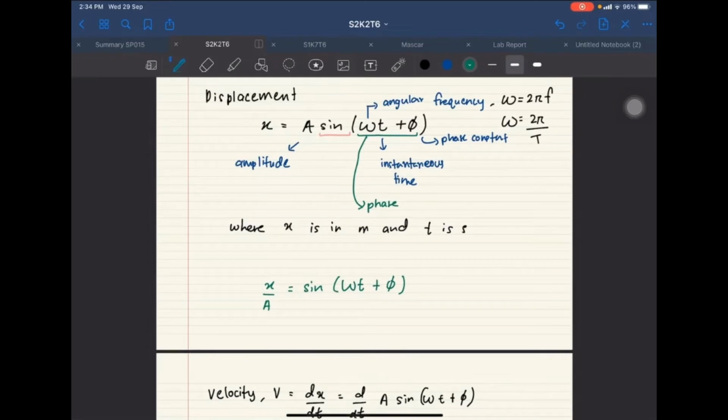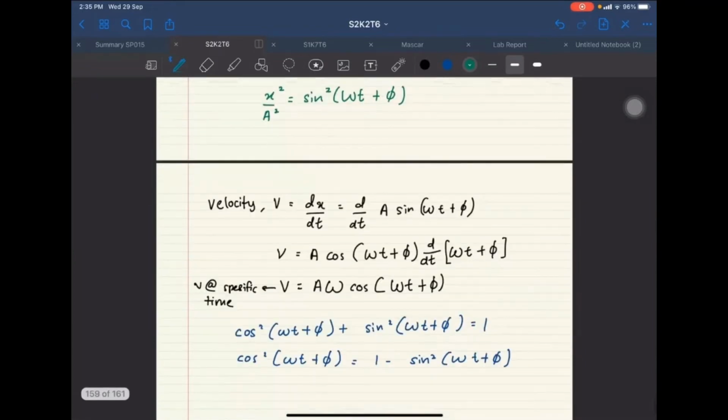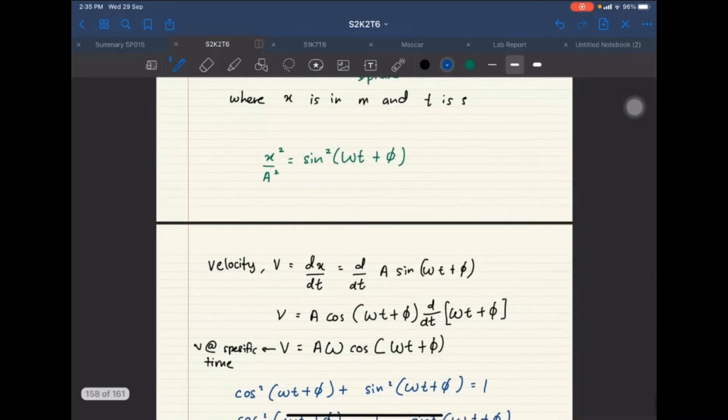Okay, kalau saya ambil square dekat sini, that means this one become x squared over A squared. Agree? Boleh ikut ke tak so far? Maksudnya kamu square kiri kanan lah. So basically this one, you take square on both sides. Oh, okay, baru nampak.